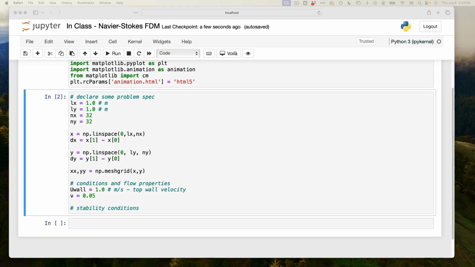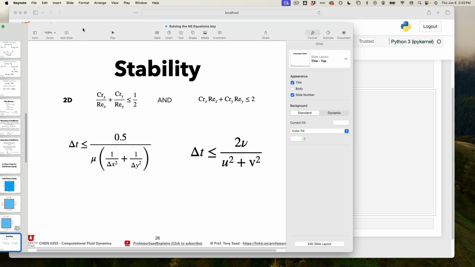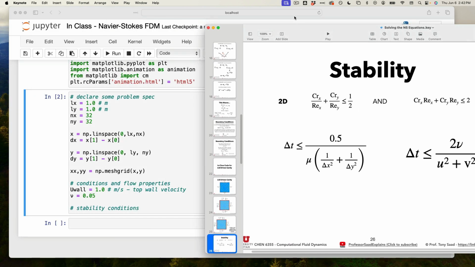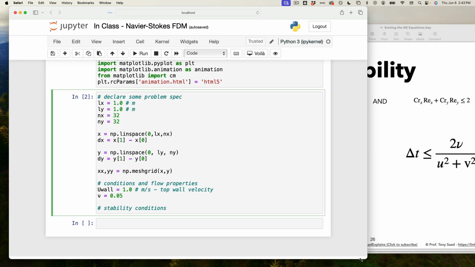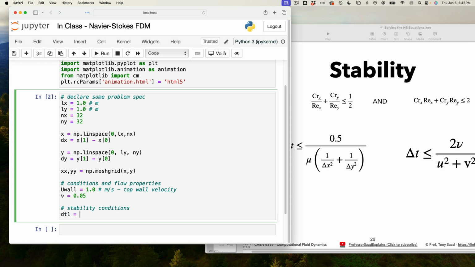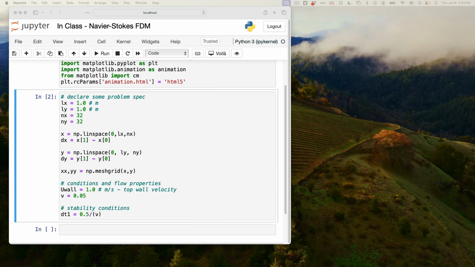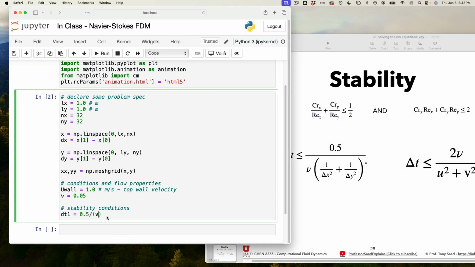Okay, so let me move this here. So we had two rules, stability conditions. dt1 was equal to 0.5 over nu, times 1 over delta x squared plus 1 over dy squared.